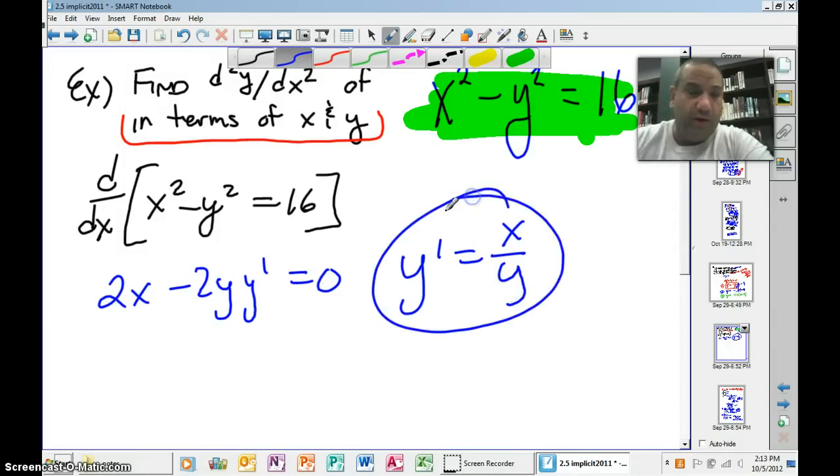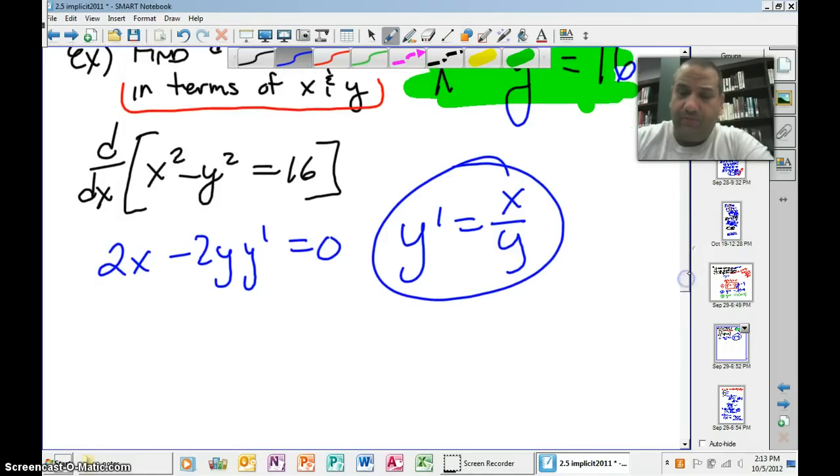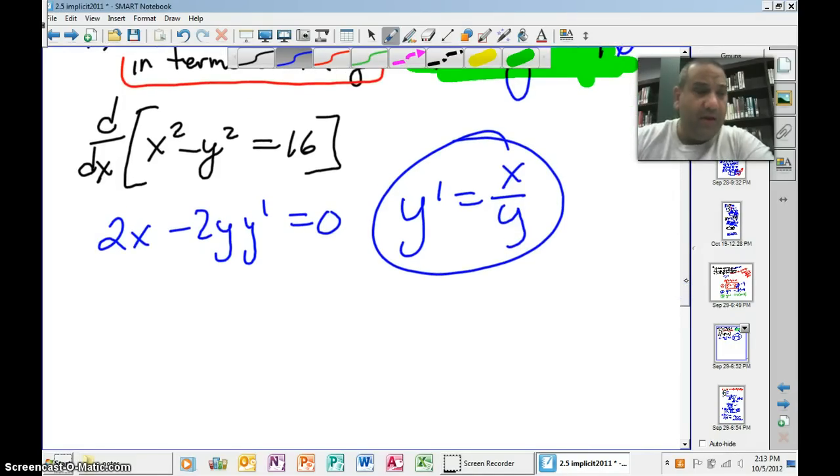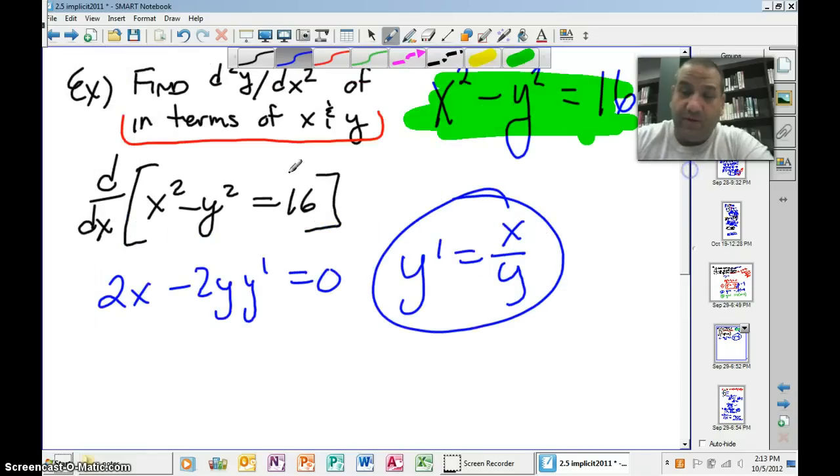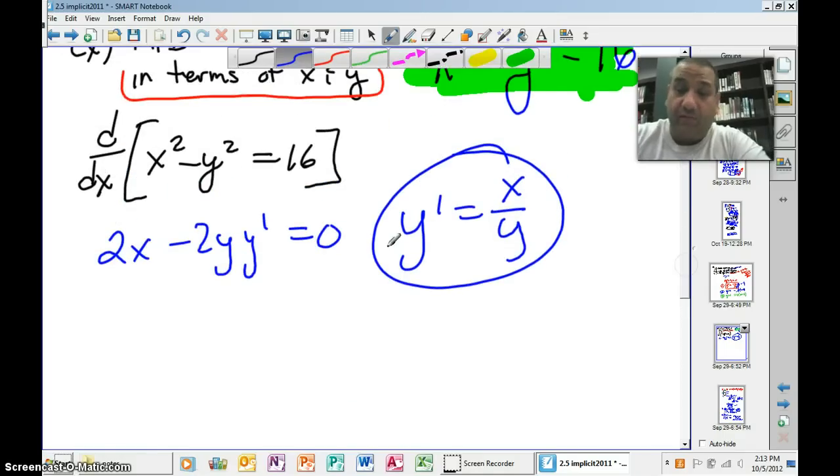So that's important. We're going to need that because now I want the second derivative. So I'm going to take the derivative of the derivative of this thing, and it's going to be a quotient rule.